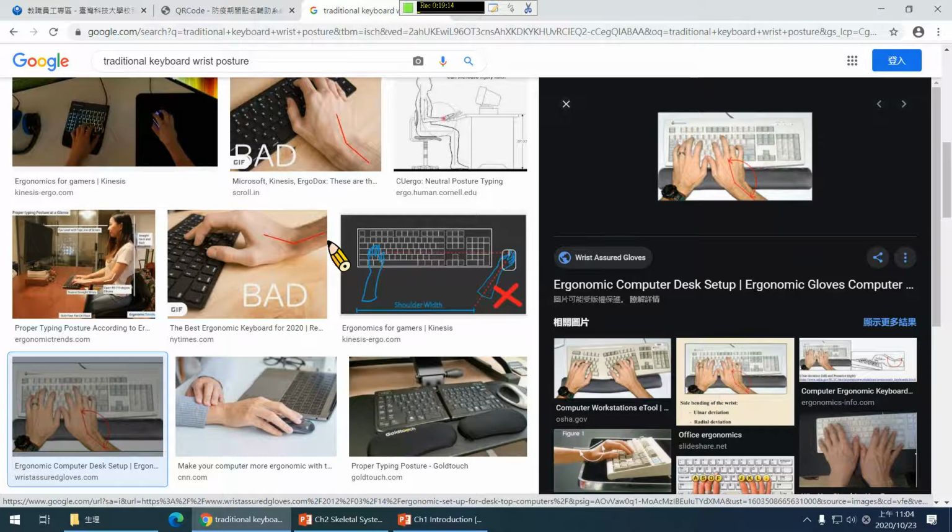What is this? Moving posteriorly, wrist extension. This is wrist extension.